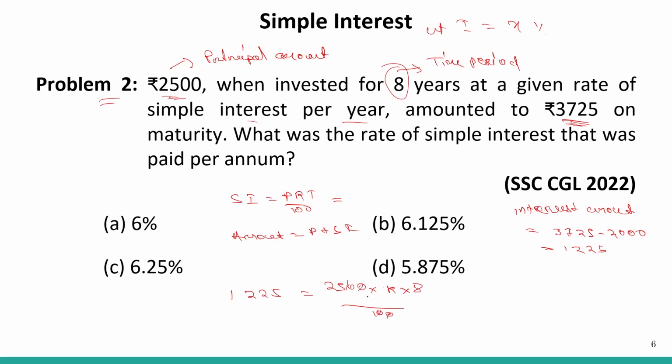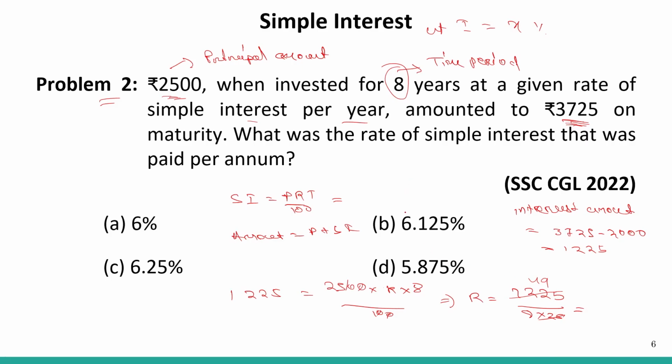So cancelling these two zeros out, R is equal to 1225 by 8 into 25. This will be approximately, I think, 49, and this will be just above 6%.